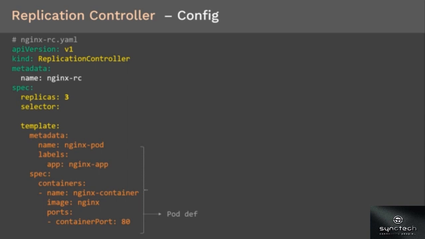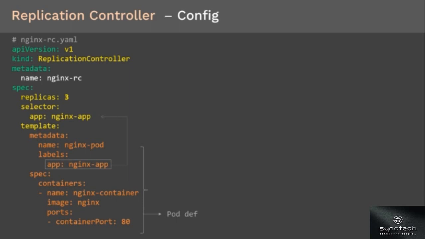Selector selects the pod with labels nginx-app. So we copy the exact labels under the selector. That's it. We are done. It is very simple, right? So to summarize this, we have 4 top-level sections, which are API version, kind, metadata, and spec. Under spec, we have defined number of replicas and pod configuration and selector.